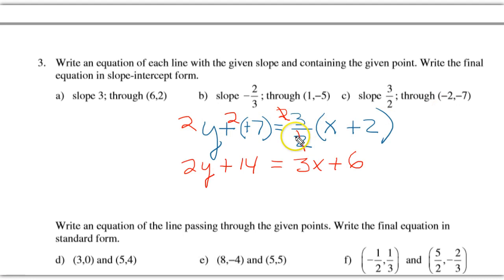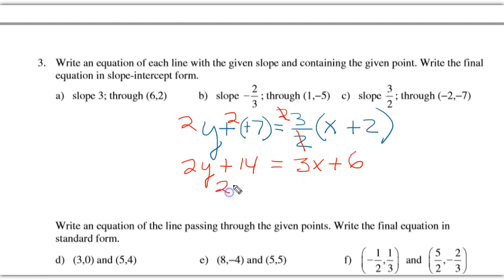So, again, I would multiply everything by 2, each term. This is a term, all of this is one term. So we get 2y plus 14. Here the 2's cancel out, and we get 3x plus 6.